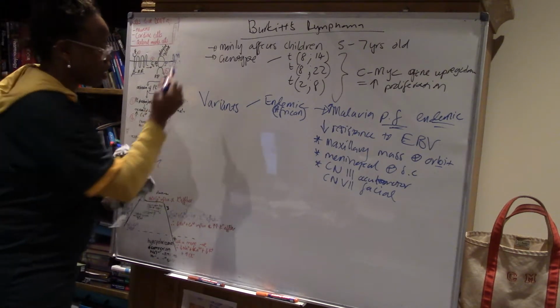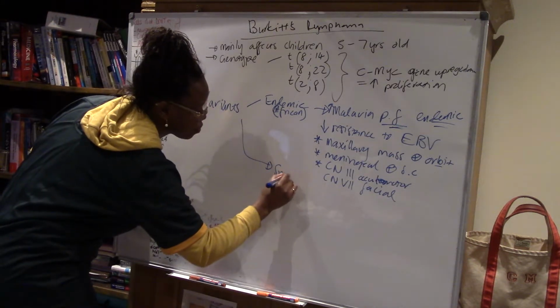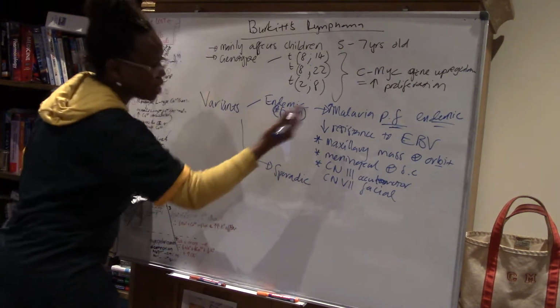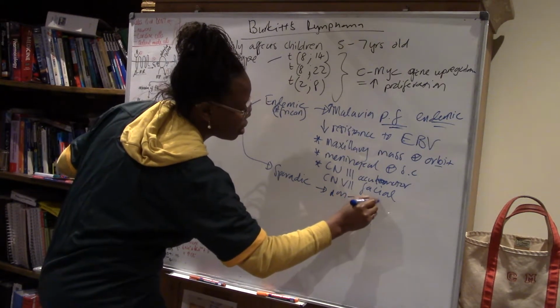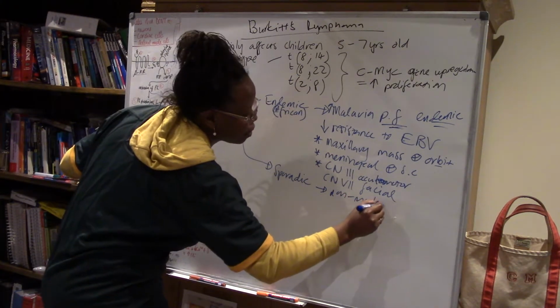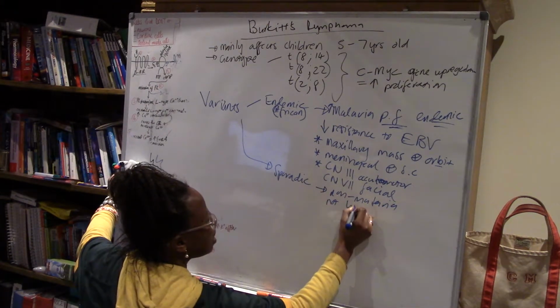So then another variant is the sporadic, which is found in non-malaria areas and is not linked to EBV.